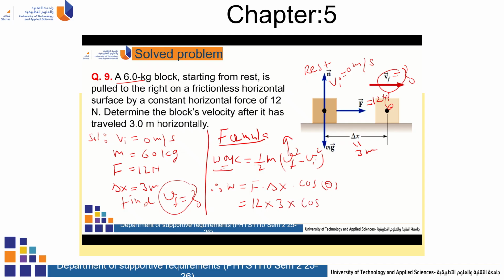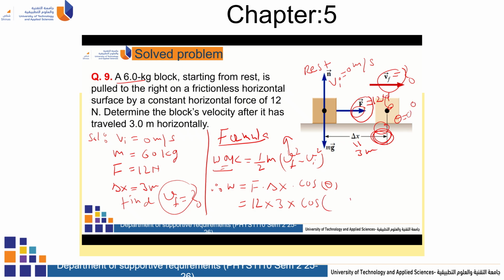Why is it 0? Because this is the direction of the force, and this is the direction of the displacement. The box is moving in this direction, so the angle between this arrow and this arrow is parallel. So the value of theta is 0 degree.